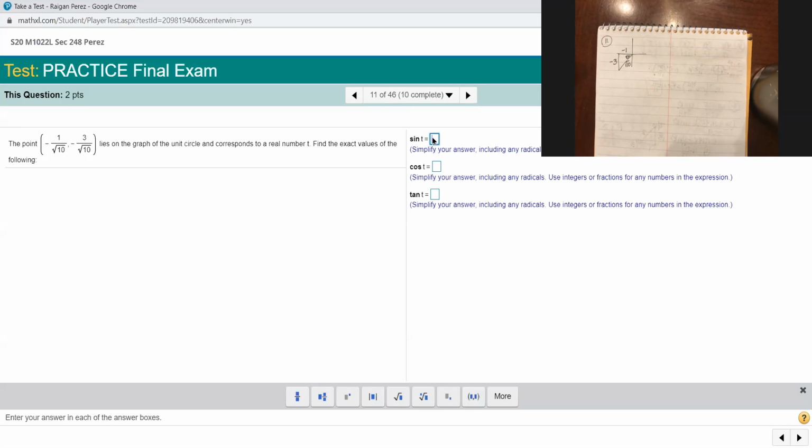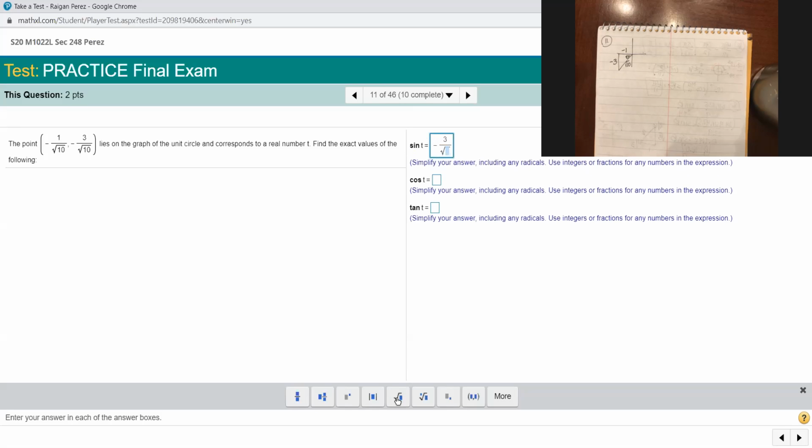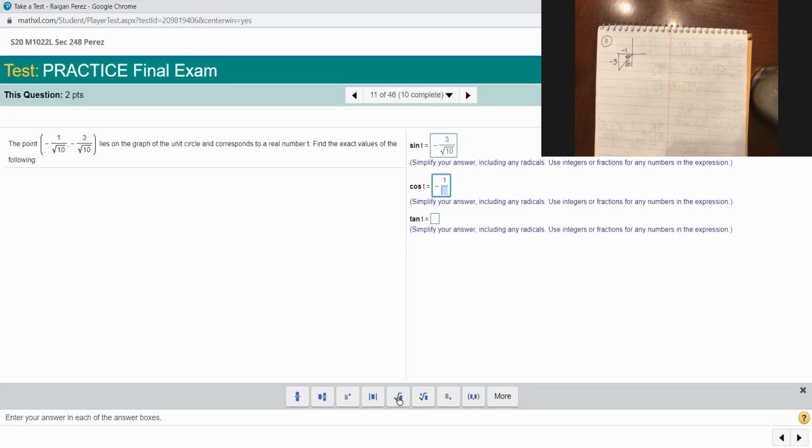So sine is your y value, so it's -3 over square root of 10. Cosine is your x value, which is -1 over square root of 10. And then tangent is just the y over x. So -3 divided by -1. Yep. And that one was pretty easy.